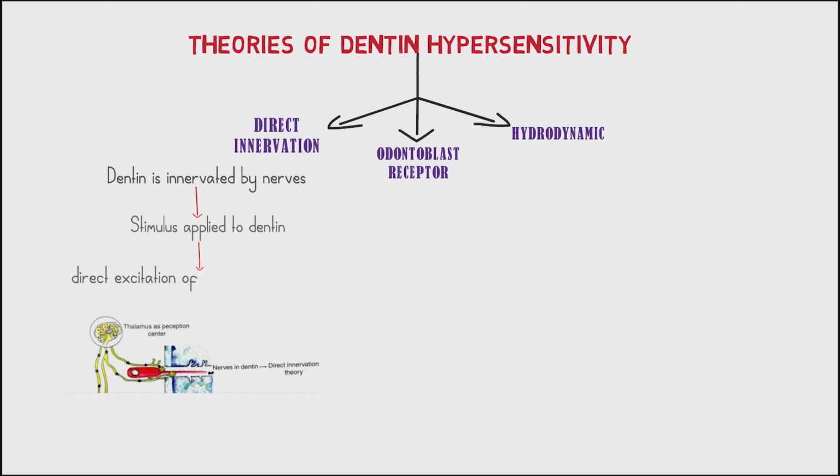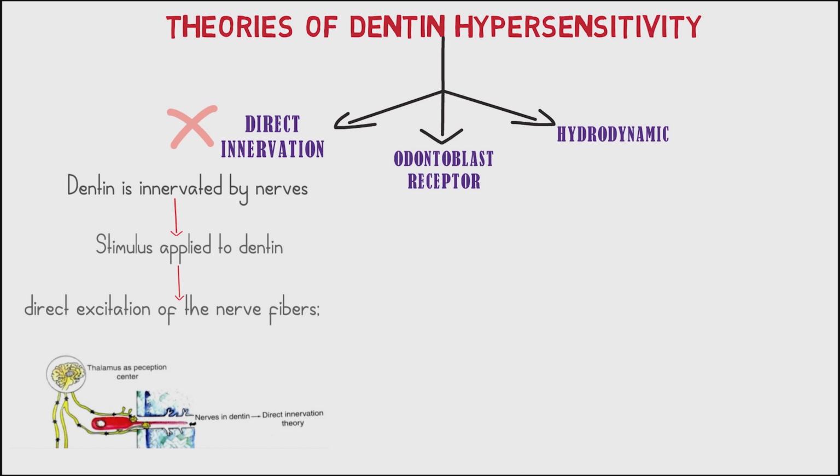This theory is no longer widely accepted as later evidence from electron microscopy revealed that nerve fibers do penetrate the dentinal tubules but only for a very short distance into the inner dentin and mainly over the pulpal horns.